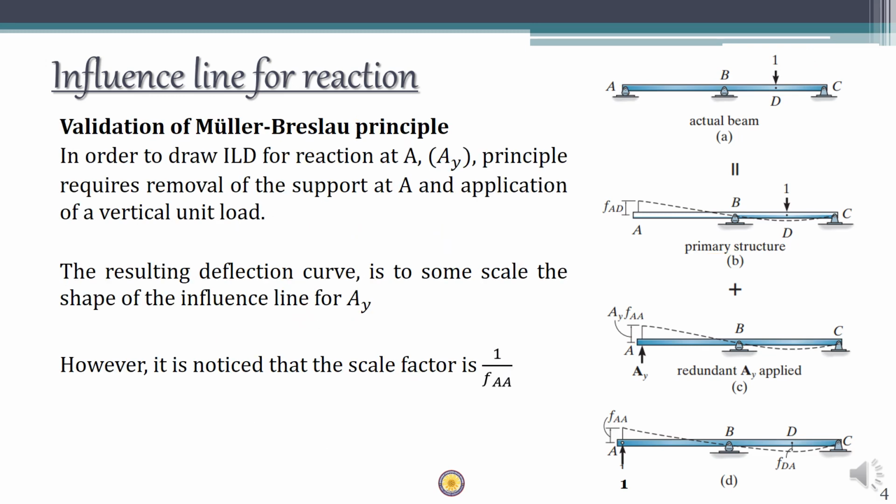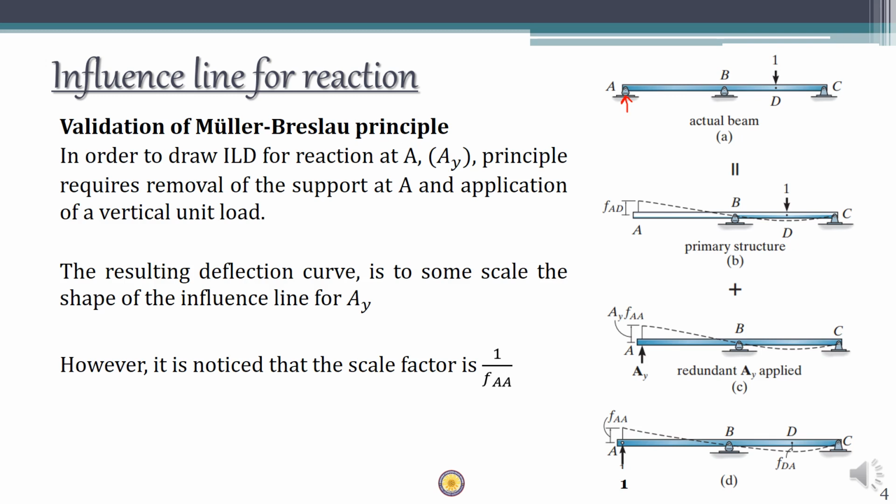Now the validation of the method, the Müller-Breslau theorem, the same thing we have done already. What does the Müller-Breslau principle say? If you want to compute the reaction ILD for this RA, you remove that, so release this point, apply a unit force in that direction, and find the displacement. So you removed the support here, applied a force corresponding to AY, which is a unit force, and you find out the displacement.